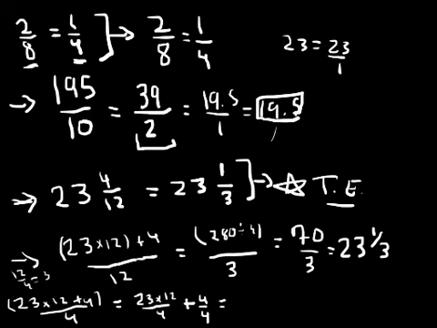So you can either do 23 times 12 then divide by 4, or do it a different way. So do 23 and then do 12 over 4. So that's just the division of 12 over 4. And then plus 4 over 4, which is just 1. So 23 times 3.